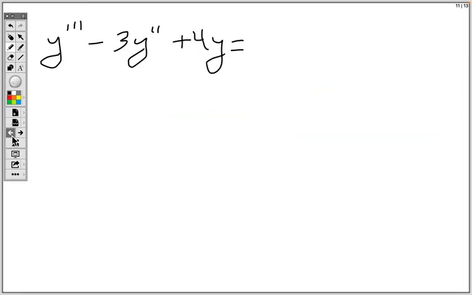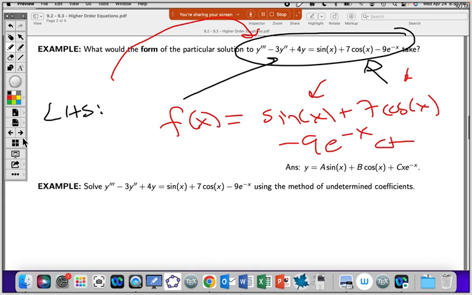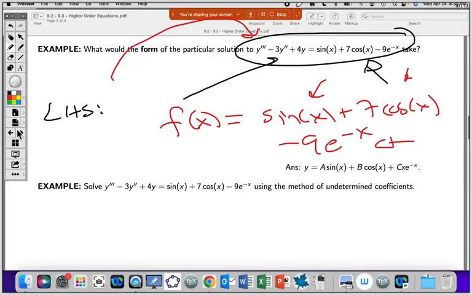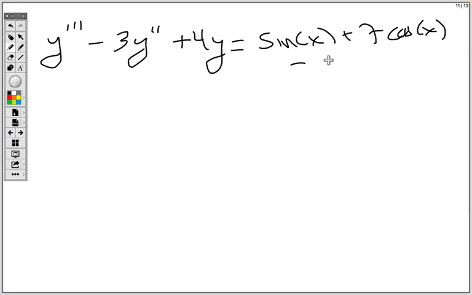So looking at this differential equation, I'm just going to copy it down here so we get everything on the same slide. Step 1, the YC, is what we just did.